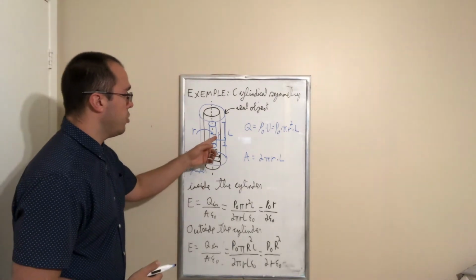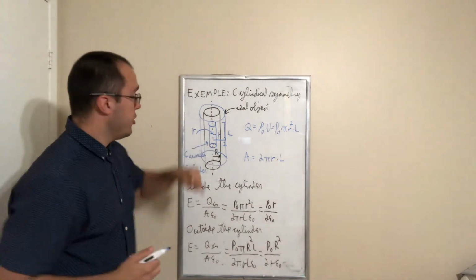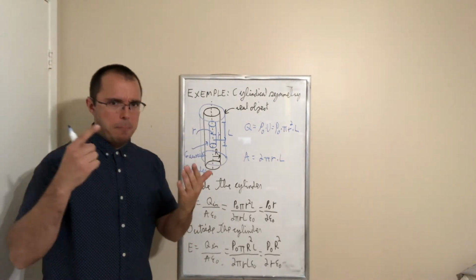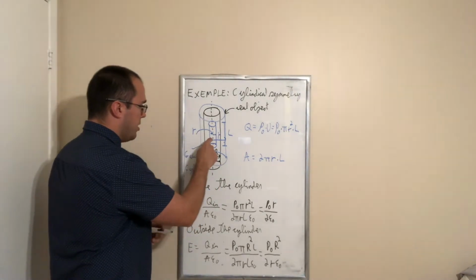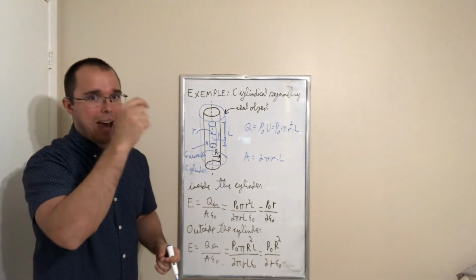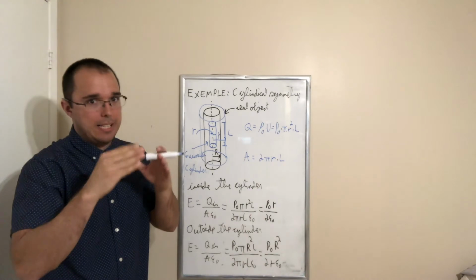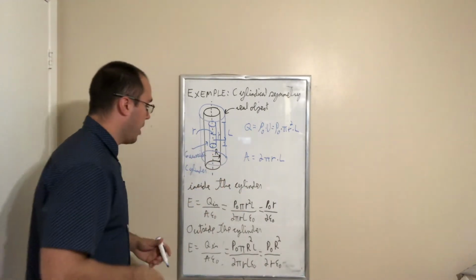And again, we're going to use lowercase r to denote the radius or the distance from the center of the axis. Now note, I did not mention it, but our Gaussian cylinder has to have the same axis as our bigger cylinder. They have to be at the same center, basically. Otherwise, this does not work.